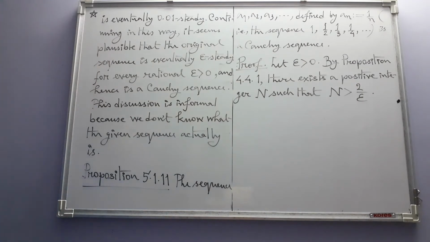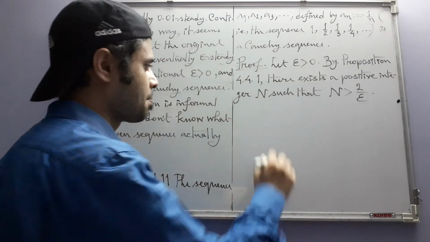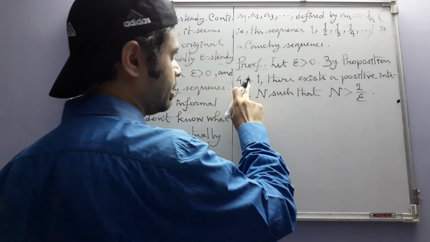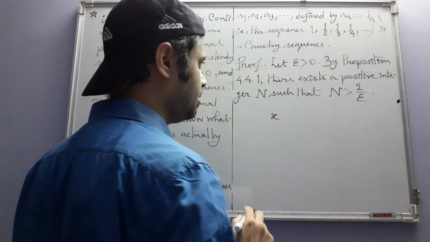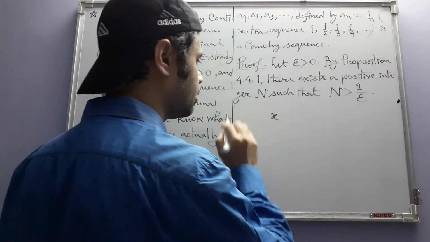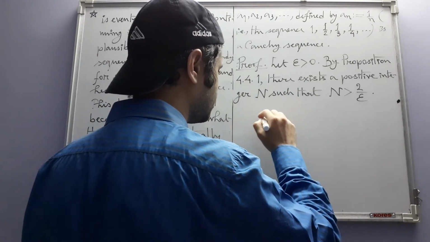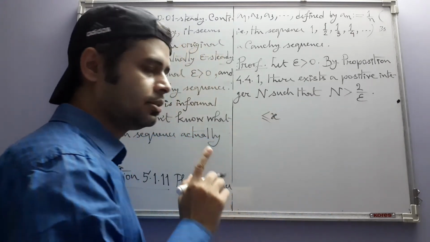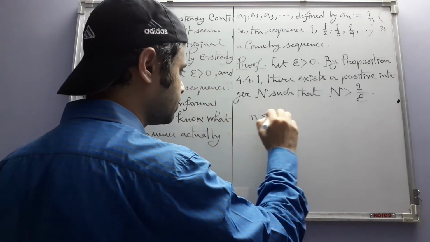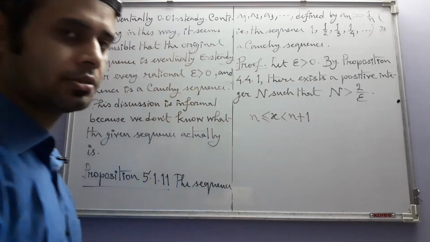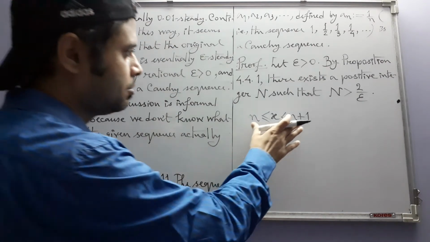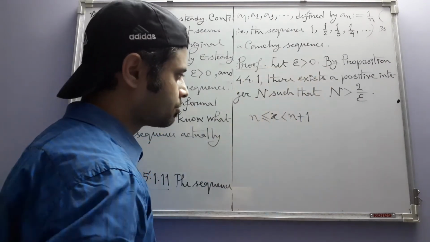Now what is it that we have done here? Recall that this is the proposition which told us that if we are given any rational number x, then for that rational number there exists a unique integer n that satisfies these inequalities. That was the beginning of proposition 441.